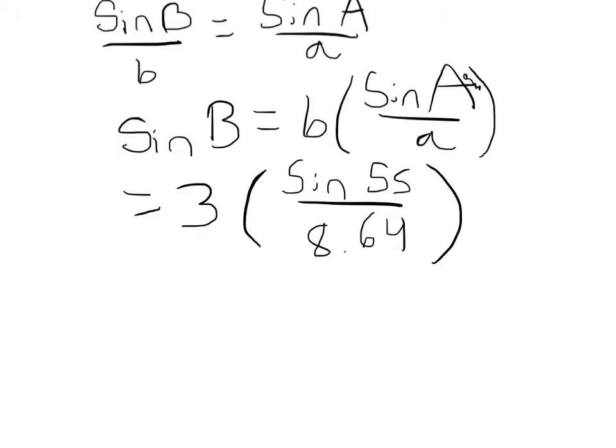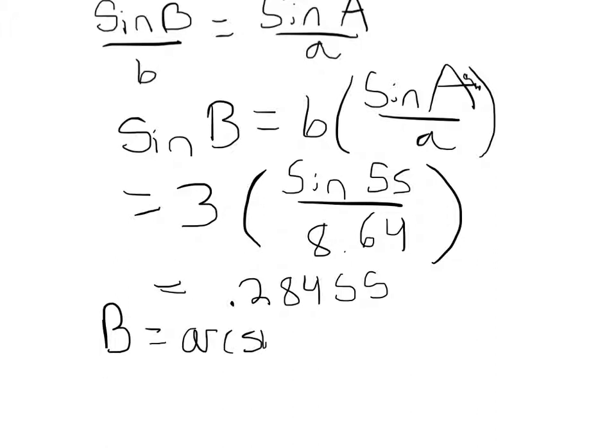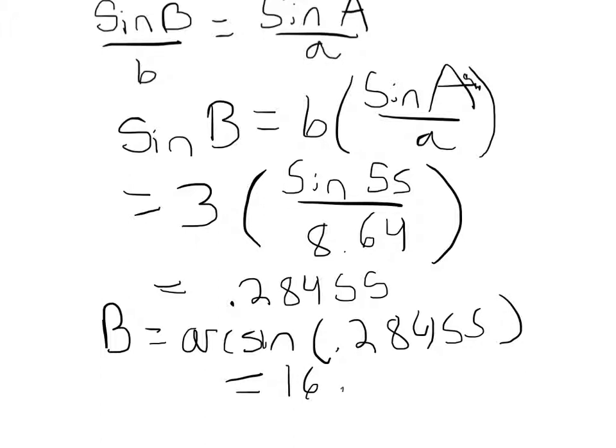We can plug in our b value, which is 3, and multiply it times the sine of 55 over our a value, which was the 8.64. And that gives us 0.28455. Now to get the angle B, we have to take the arc sine of that number, and that equals 16.53 degrees.